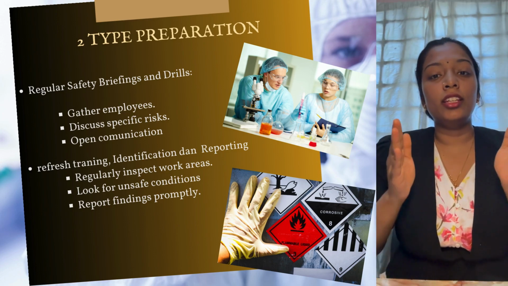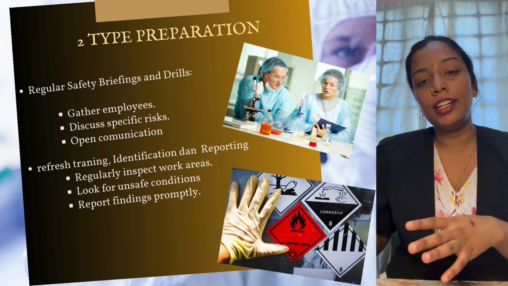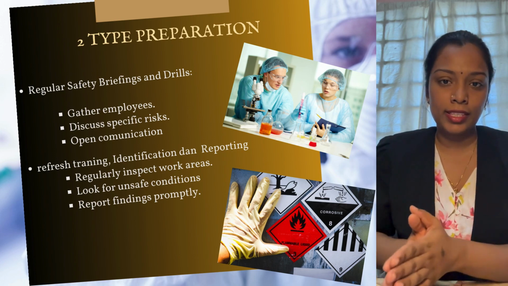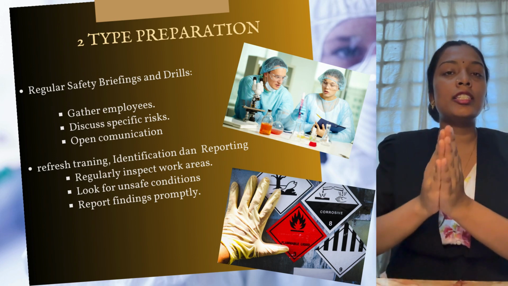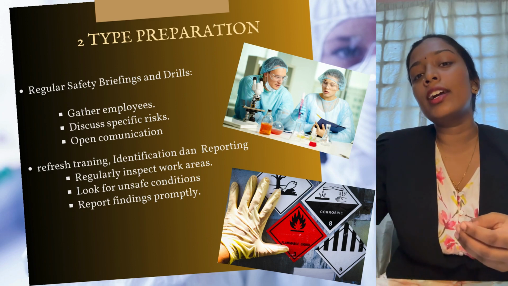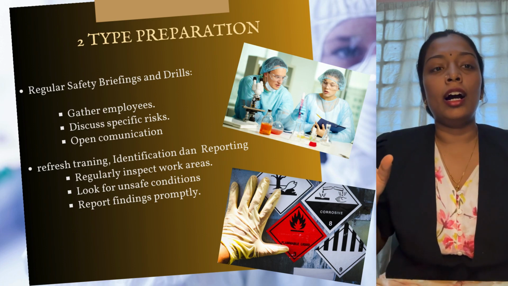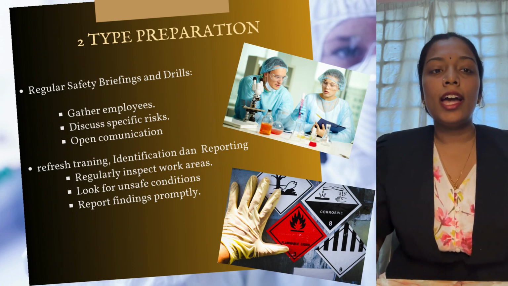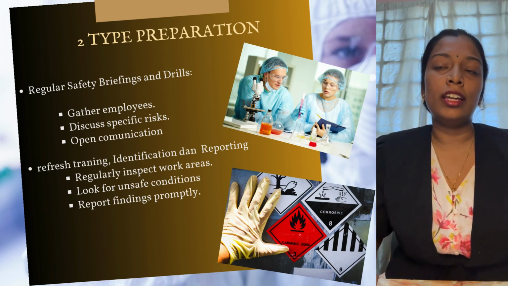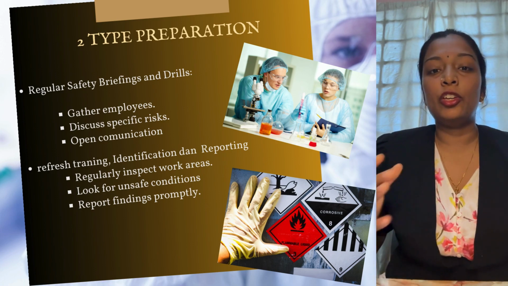So here, the two types of early preparation that can be made in every kind of industry to prevent this kind of problem: first is regular safety briefings and regular checkups in every kind of industry as well. Why I'm mentioning this preparation is because every employee should work in a safe mode and with proper safety equipment as well.